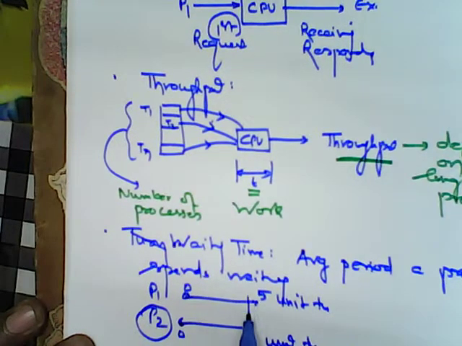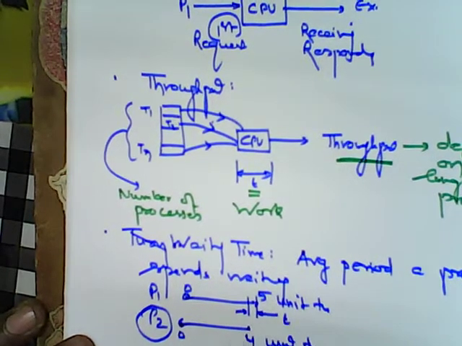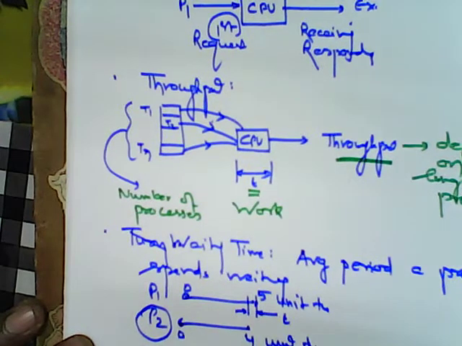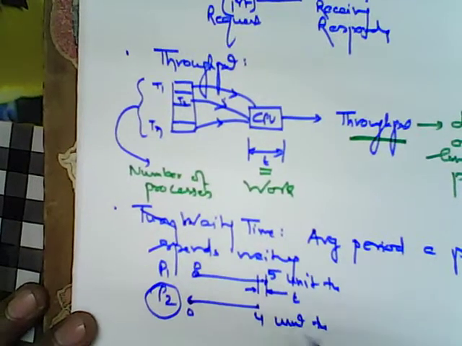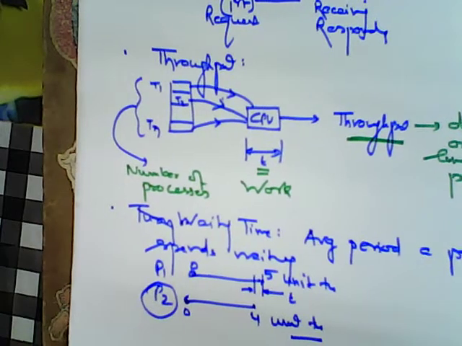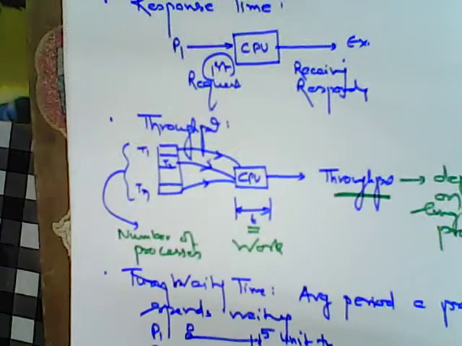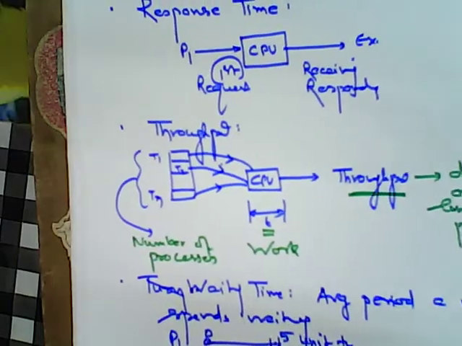Unless and until P1 is completed, P2 is not able to execute. So that is known as the unit time. Now let's go to another point of discussion with respect to the Gantt chart and its scheduling.